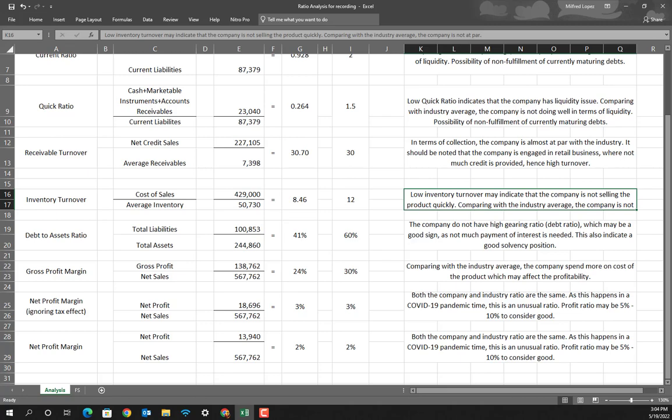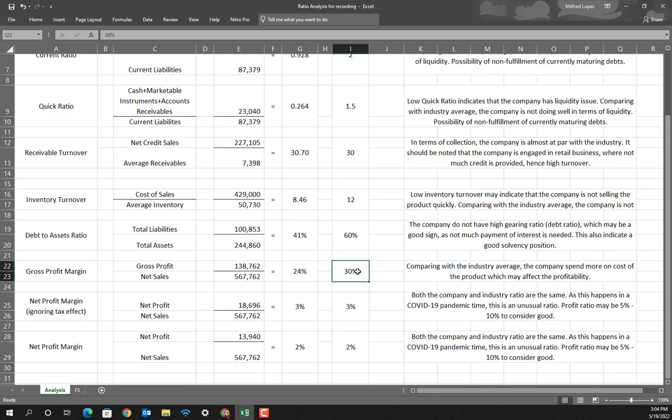Now, gross profit margin, we have gross profit over sales. So here we have this amount, 138,762 divided by 567,762. We have 24%, while the industry has 30%.